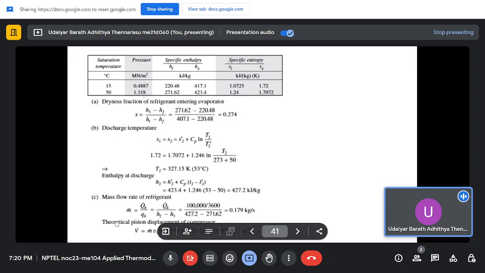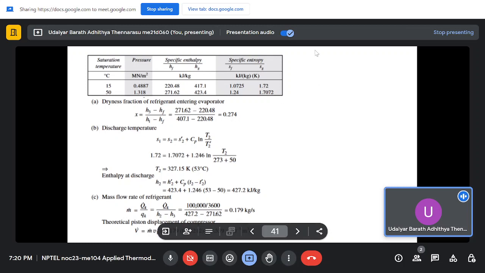So now we need to find out the discharge temperature. For finding the discharge temperature, we know the exit entropy of the compressor equals the saturated vapor entropy at 15, which is 1.7072.